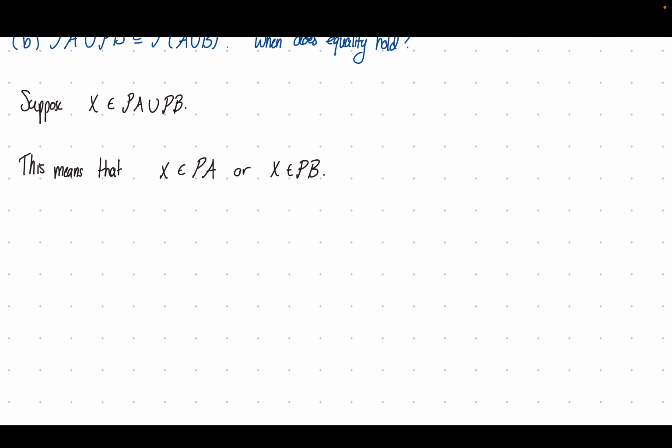Let me go back. So either x is a subset of A or x is a subset of B, or both.